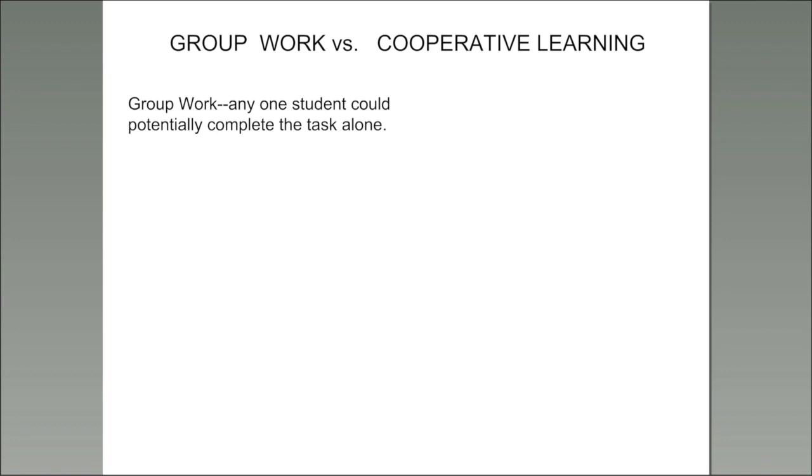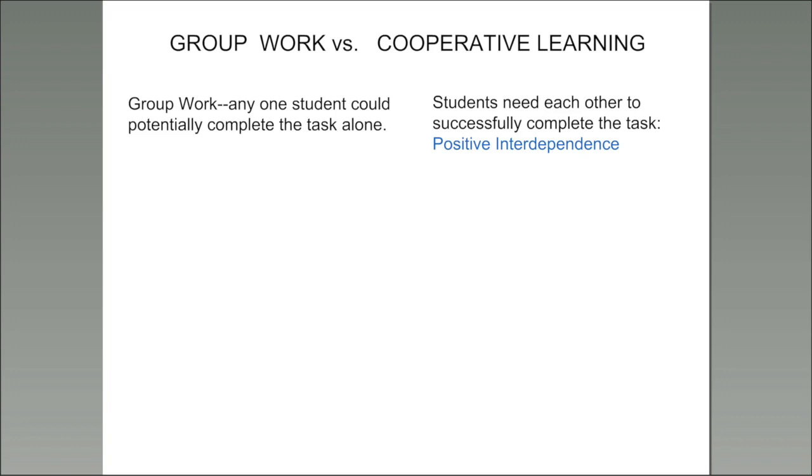There are just other people hanging around. But in cooperative learning, the students need each other to successfully complete the task. There's a positive interdependence. As you saw in Sage and Scribe, the sage can't write the problem, they can only say it. The scribe can't do it alone, they're waiting for the sage to tell them what to do. If you want to call it teacher-student, you set up a situation where they need each other to complete it.